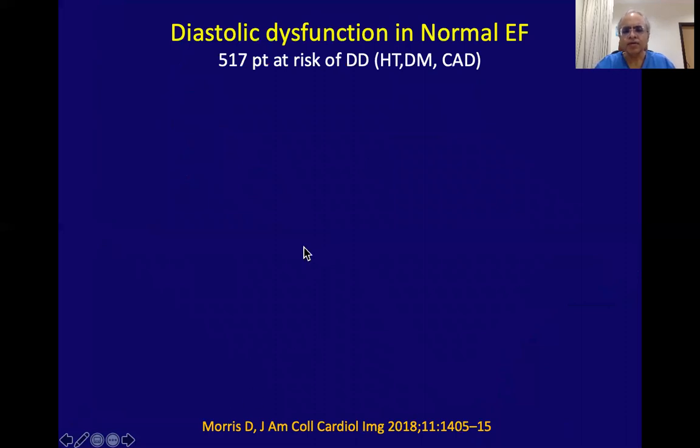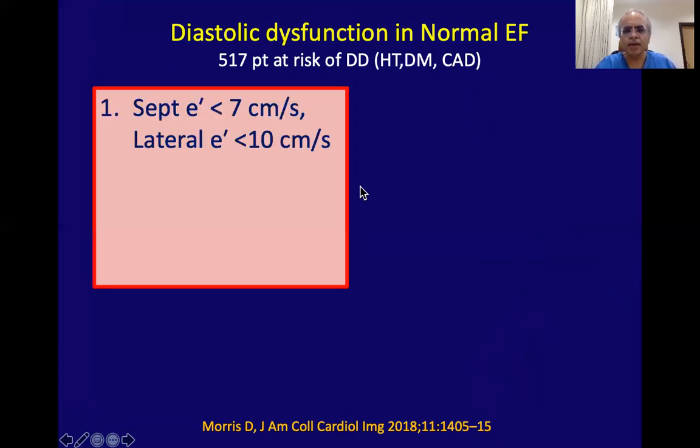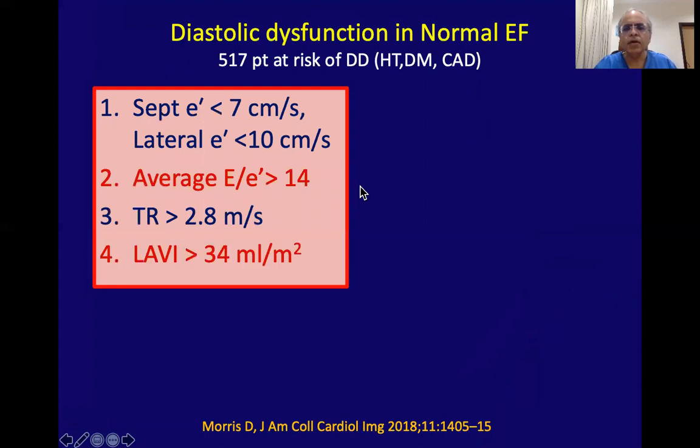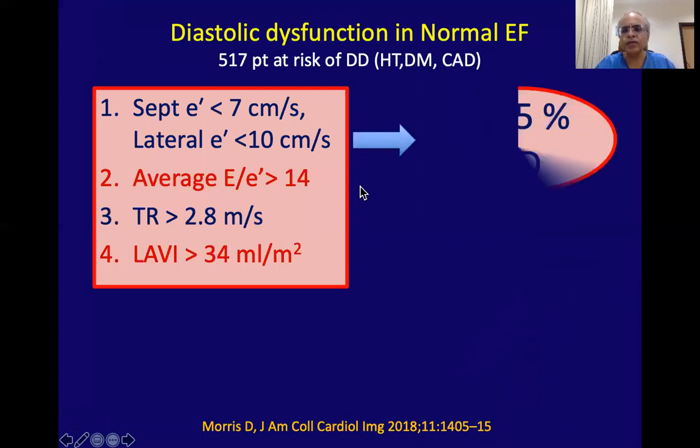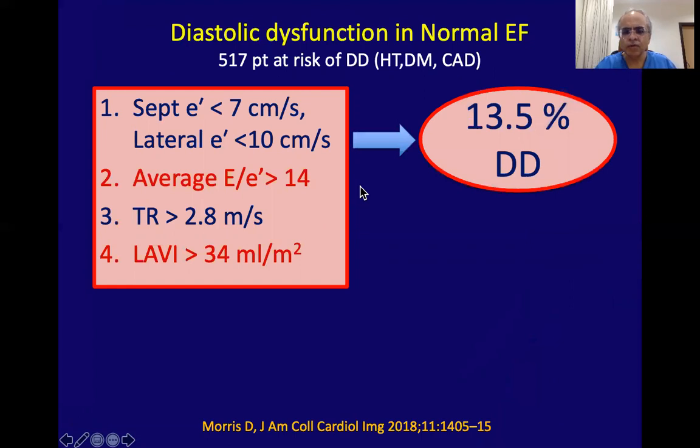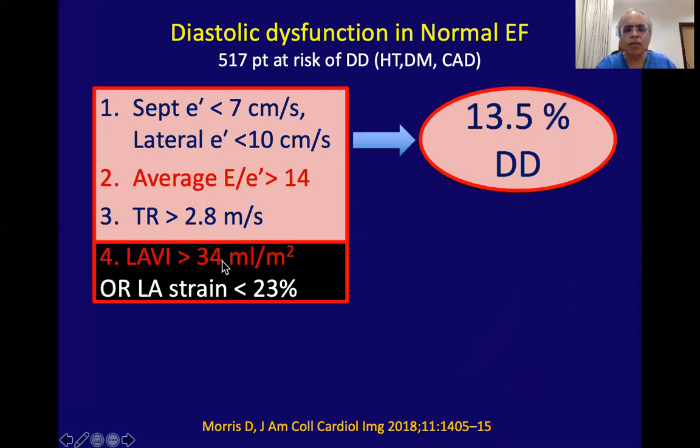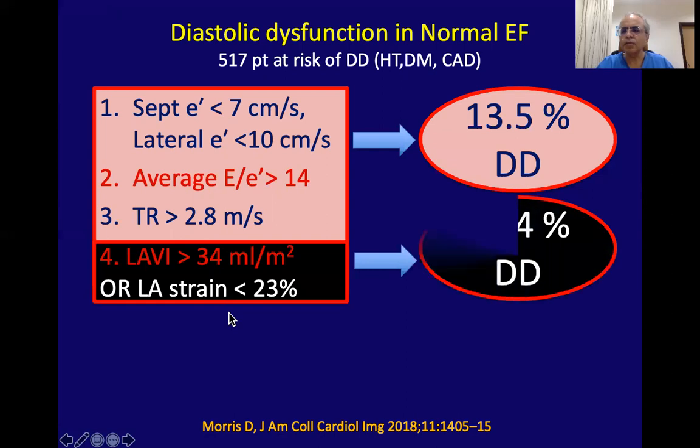Now, Dr. Morris and colleagues looked at 517 patients with hypertension, diabetes, and CAD who are at high risk of having diastolic dysfunction, and they applied the ASE criteria to diagnose diastolic dysfunction in 13.5% of patients. However, when they replaced the LA volume by LA volume more than 34 ml per meter square or LA strain less than 23%, they added 10% more patients with diastolic dysfunction.